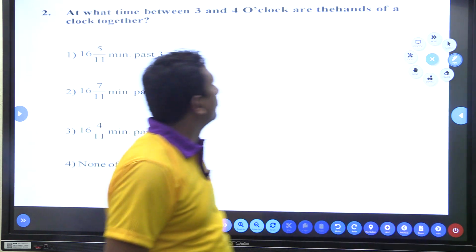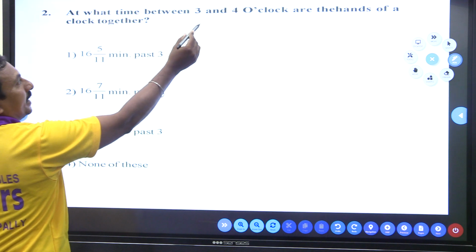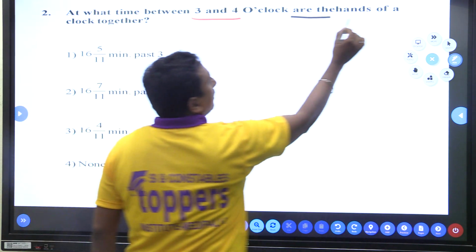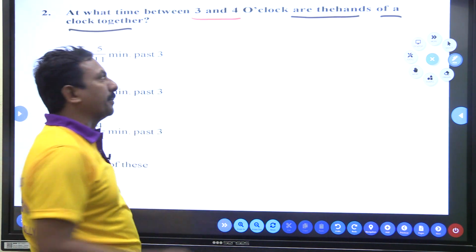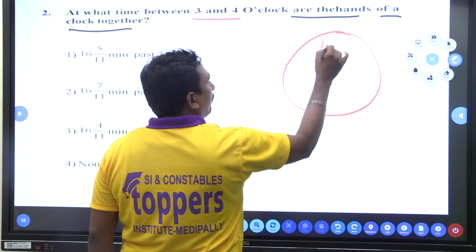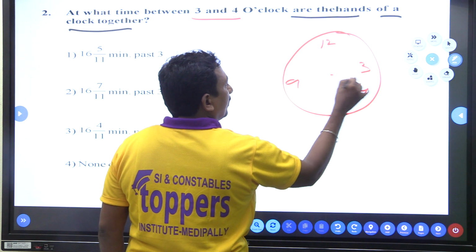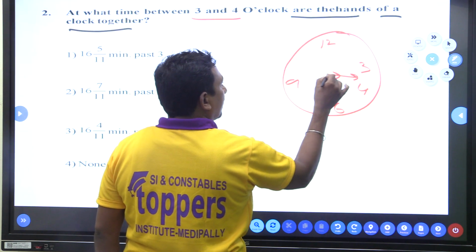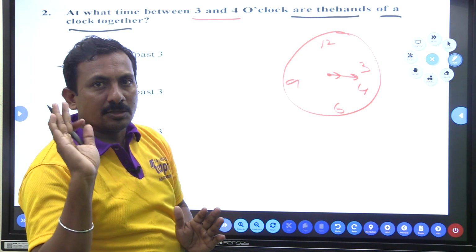Next question: at what time between 3 and 4 o'clock are the hands of a clock together? Together means the angle between the two hands is 0 degrees.